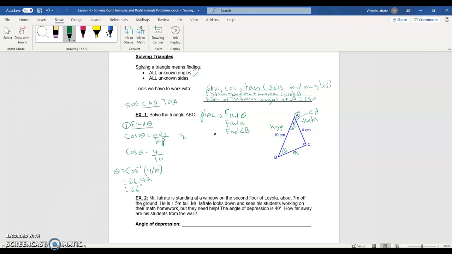So for step 2, we're going to find angle B. Angle B is going to be equal to 180 minus the sum of the other two angles, so 90 plus 66, which is equal to, so we have 90 minus 66, so we get 24 degrees.